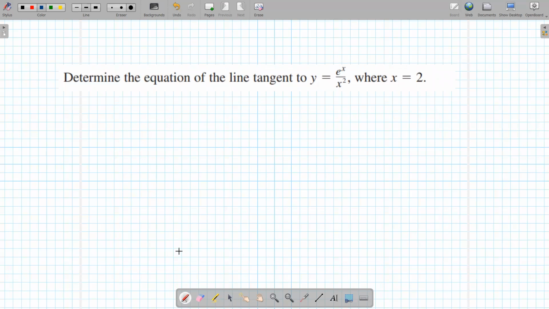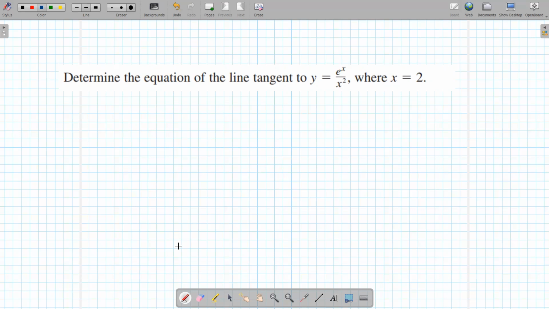All right, what about this? What do we have to use to find the derivative of this? If you remember. Notice how it's something over something, right?